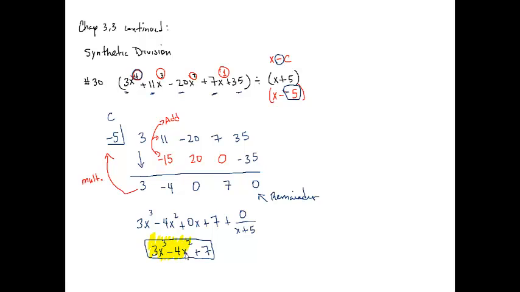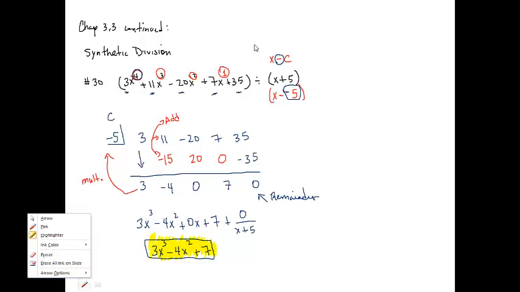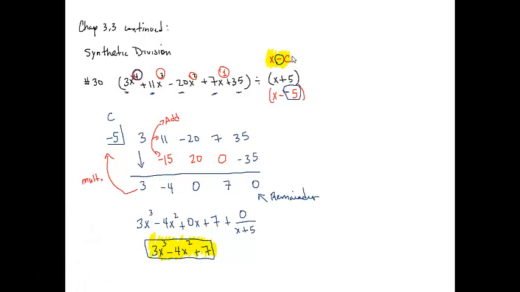Okay, so let's recap here. It's synthetic division. In order to do synthetic division, it has to be in this form, x minus c. The first thing you're going to do is draw a backwards L, and you're going to put the c there.